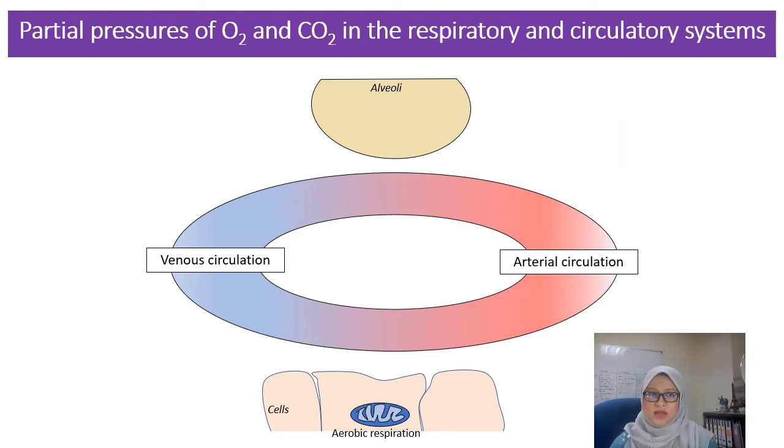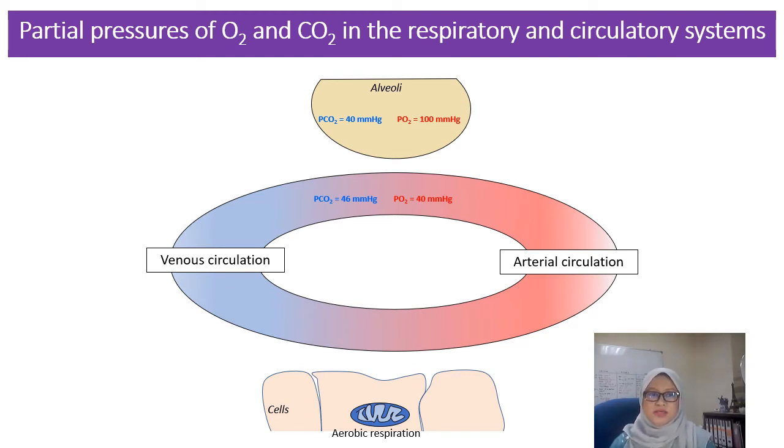So in the alveoli, the partial pressure of carbon dioxide is 40 mm Hg, whereas the partial pressure of oxygen is 100 mm Hg. In the pulmonary capillary, the partial pressure of carbon dioxide is 46 mm Hg, whereas the partial pressure of oxygen is 40 mm Hg. Remember that this is deoxygenated blood.